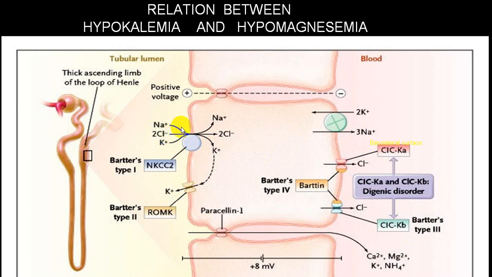So sodium and chloride will move inside and potassium will be thrown out, producing hypokalemia. This will be the mechanism for hypokalemia in potassium losing nephropathy.